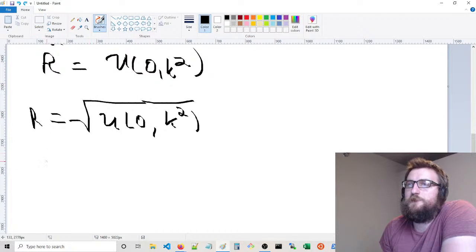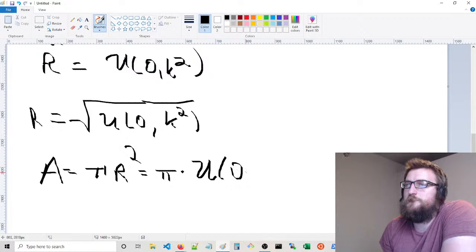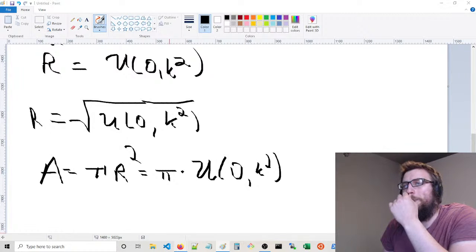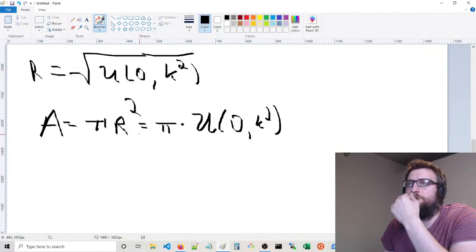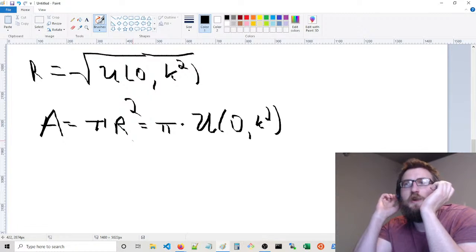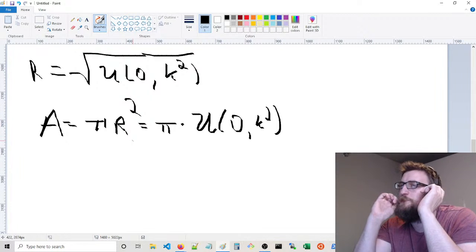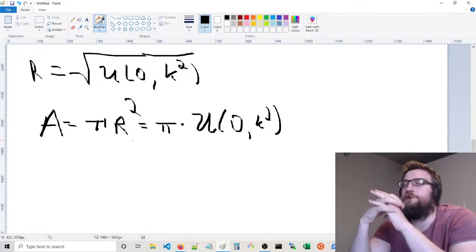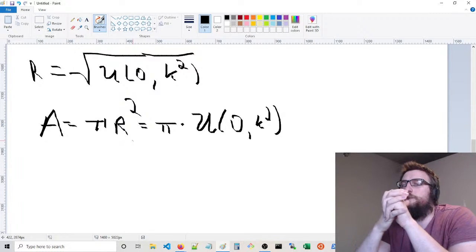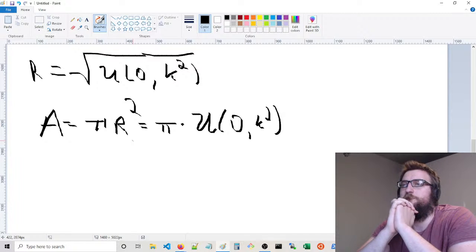If a is a random variable, then it's going to be pi times r squared. And that would mean you'd want this to be uniformly distributed from some constant k, where since you want every point to have equal probability of being chosen, that means you'd want in the area, which is pi r squared, which is pi times some random radius squared.